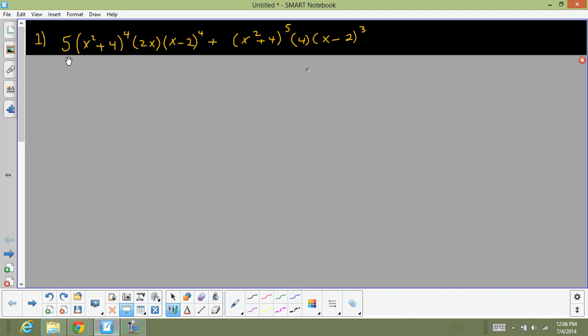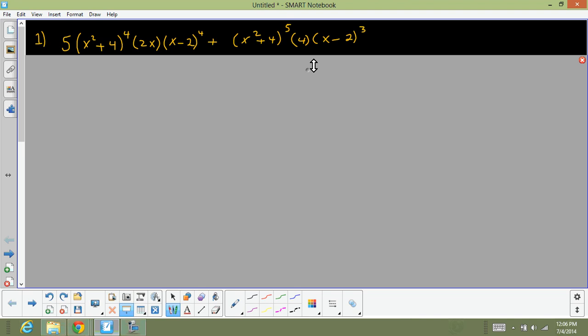So what I did here was put up an exercise that might come out of a calculus question, namely a product rule that might have been done. So we've got 5 times the quantity x squared plus 4 to the fourth power times 2x times the quantity x minus 2 to the fourth power, plus x squared plus 4 to the fifth power times 4 times x minus 2 to the third power.